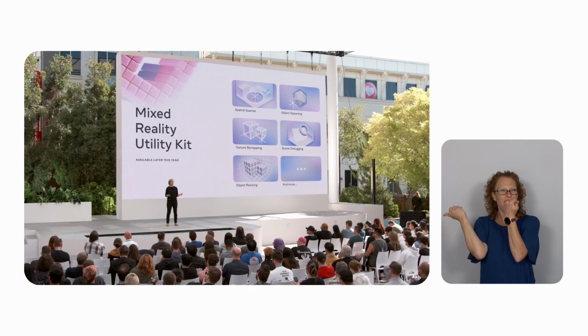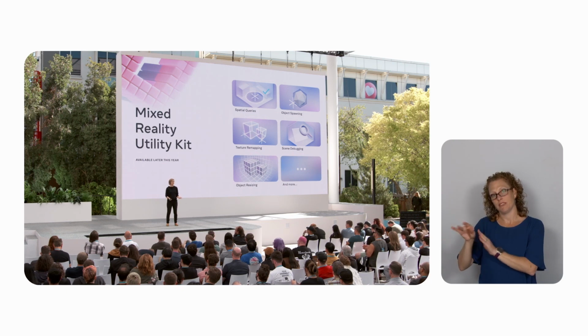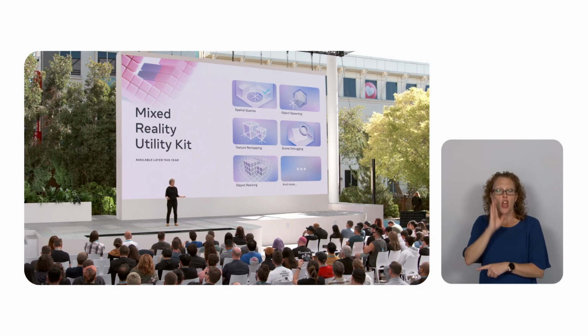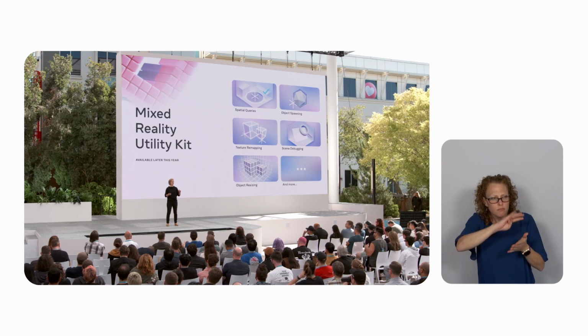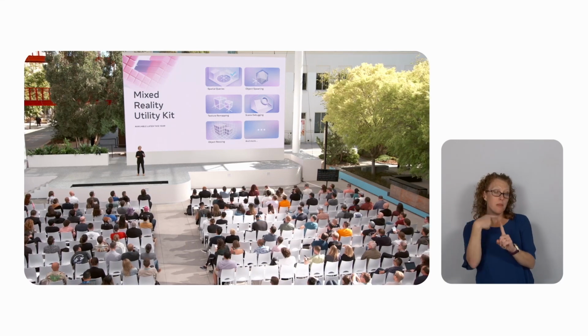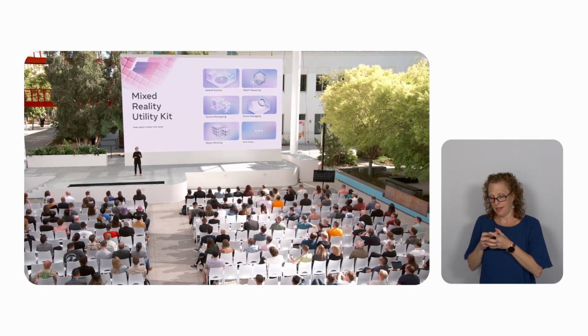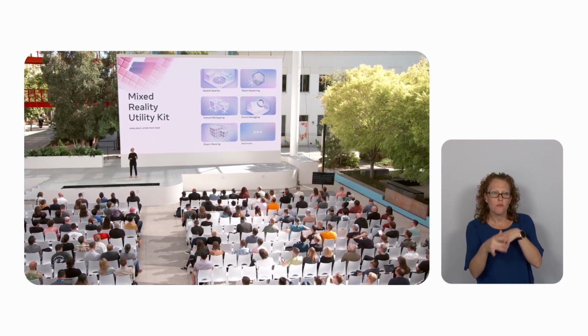And it's got helpful utilities for working with procedural meshes and textures, as well as dozens of pre-captured spaces. So you can test how your app looks in different user spaces, not just your own office. And all of this without donning the headset. And there is so much more. Mixed Reality Utility Kit will be available for Unity and Unreal later this year.